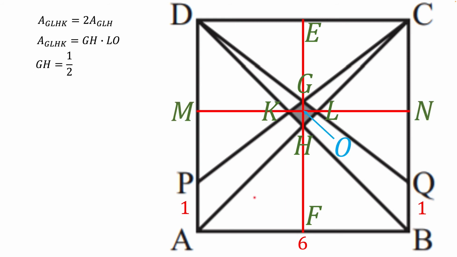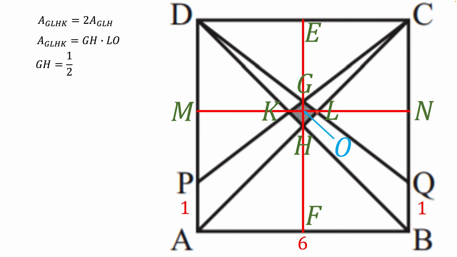Now let's find LO. Let's find the height. To do that, if you stare at this picture, you will find that if you look at this line, DQ, and also the other line, AC, those two lines intersect at point L, okay?